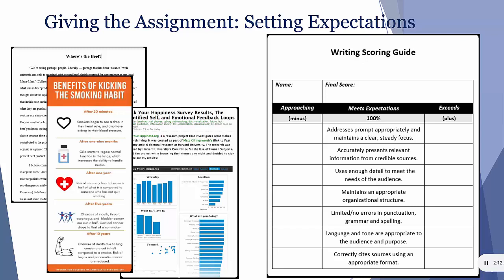There's very few errors in punctuation and grammar or spelling. The language and tone should be appropriate to the audience and purpose. And if you're having students cite the sources, then they use the appropriate format.